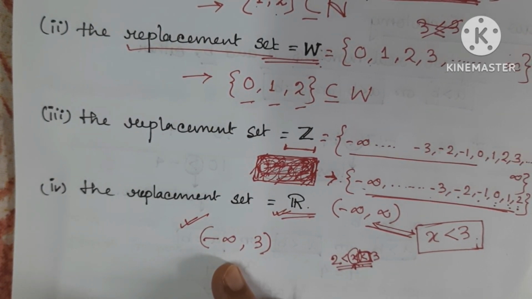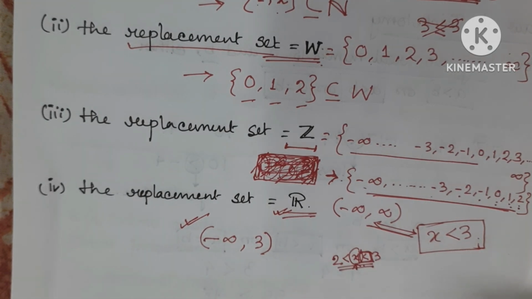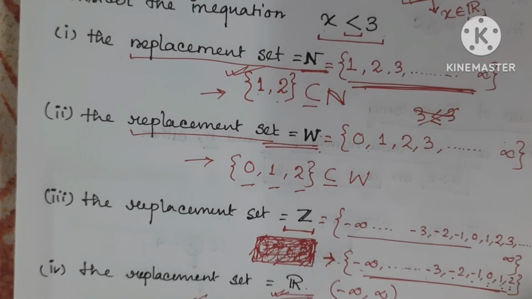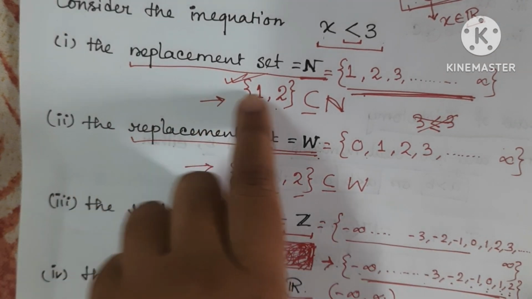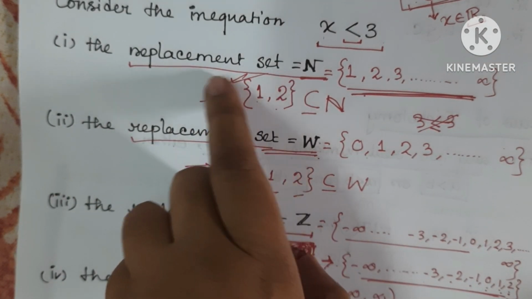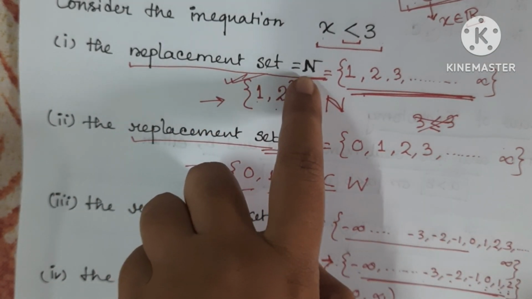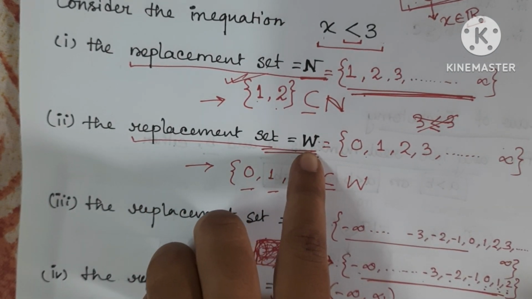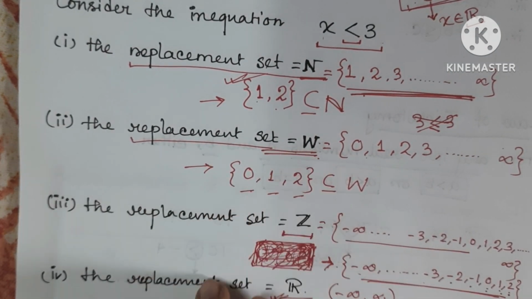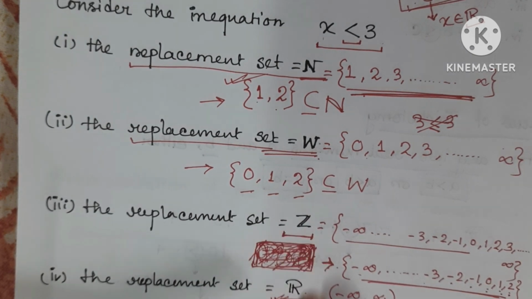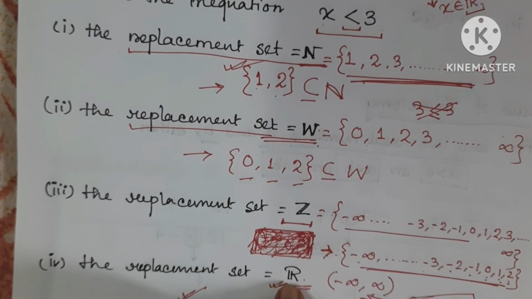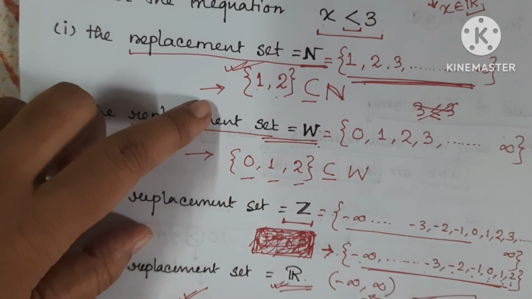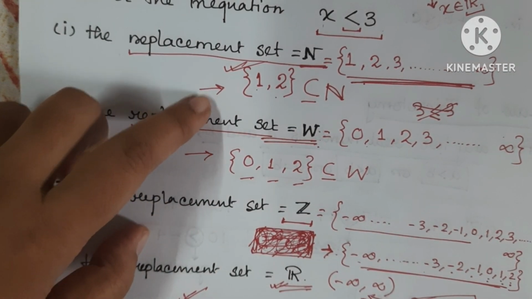So we have seen that if we change the replacement set, here we have chosen N, the set of natural numbers, here W, the set of whole numbers, here the set of integers, and here the set of real numbers, and in each case we have got a different solution set.